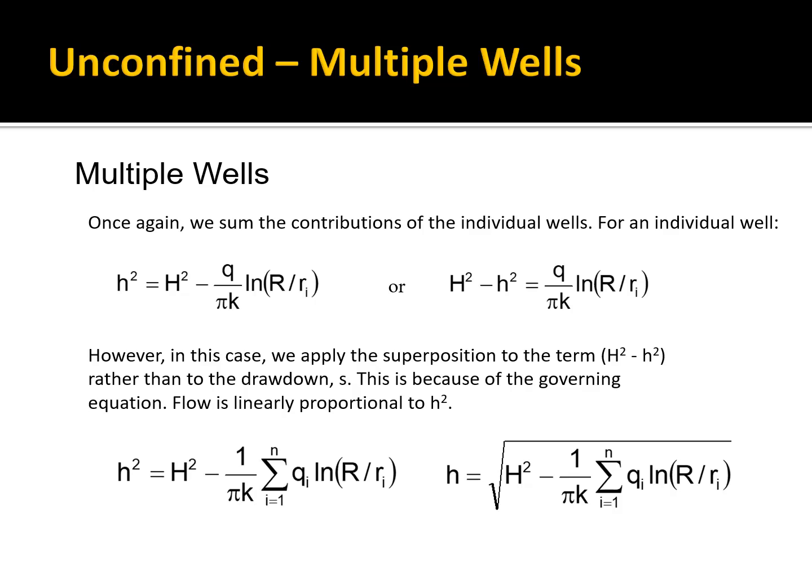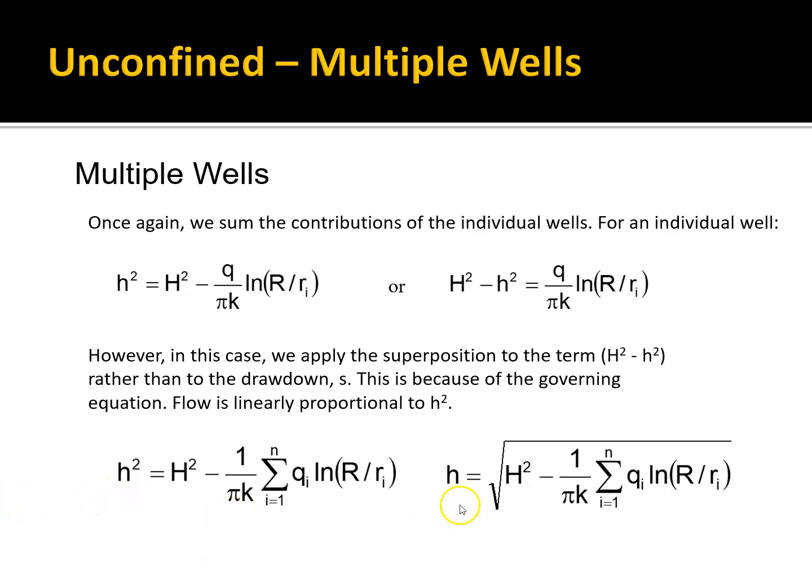If we want to find the head at any point in the aquifer as a result of pumping multiple wells, we can apply the principle of superposition, but in this case, we apply it to the term capital H squared minus h squared, rather than to the drawdown. This is because of the governing equation. Flow is linearly proportional to h squared because of the Dupuit assumptions. And so this is the combined equation we use.